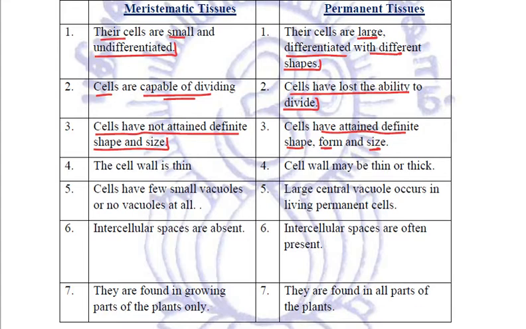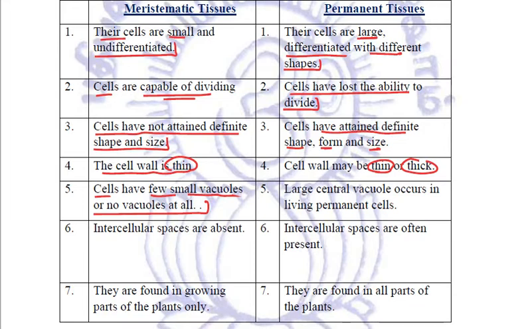In case of meristematic tissues, the cell wall is thin, right? But in permanent tissues, it may be thin or thick. In meristematic tissues, cells have very few small vacuoles or no vacuoles at all. The reason, as we studied in the previous class on meristematic tissue, is that meristematic tissues are continuously dividing cells.